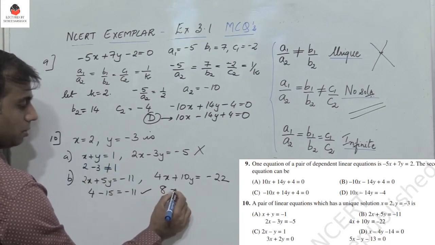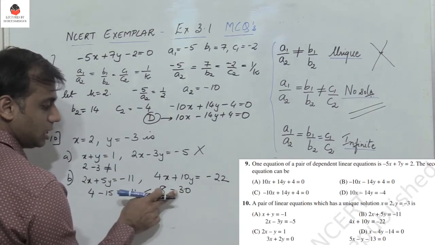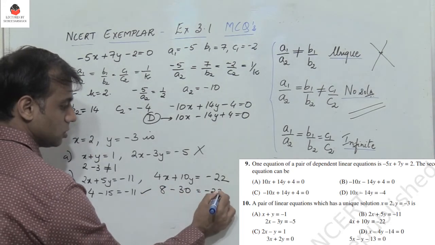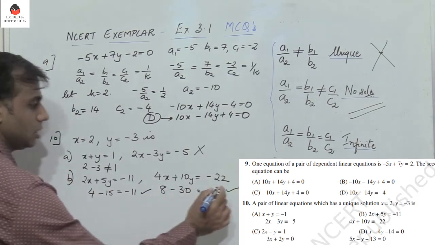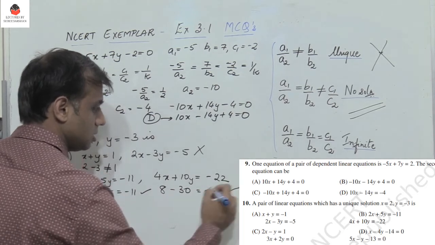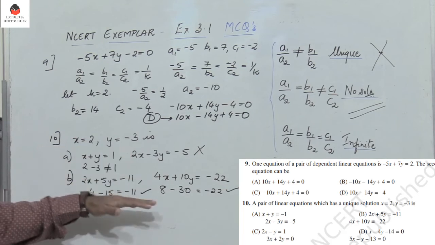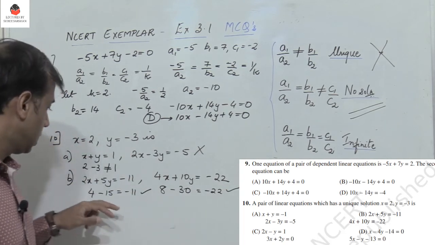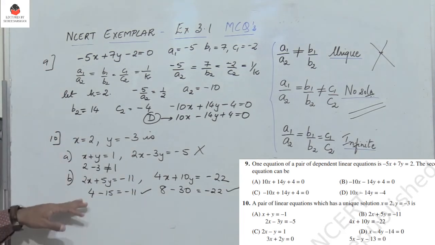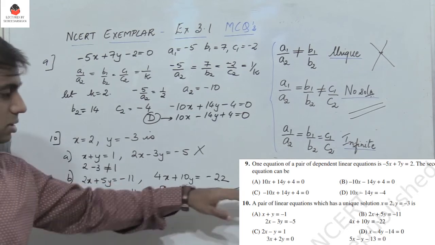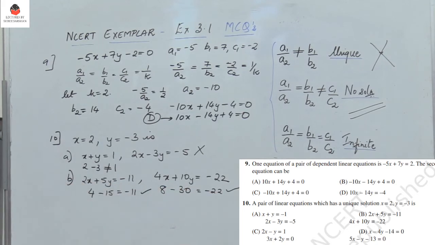Minus 3 into 10 is minus 30. So you get 8 minus 30 is minus 22. So this is right. So I find that option B is the right answer. There are two other options. You can put the values of x and y in the equations given in option C and D, and they would fail. So the right answer is option B.